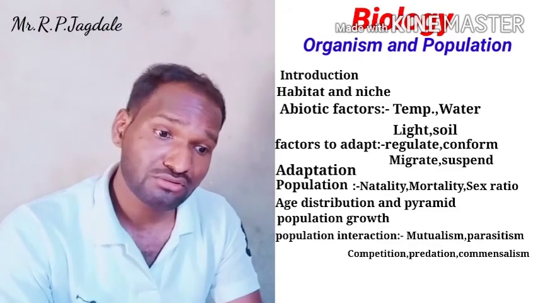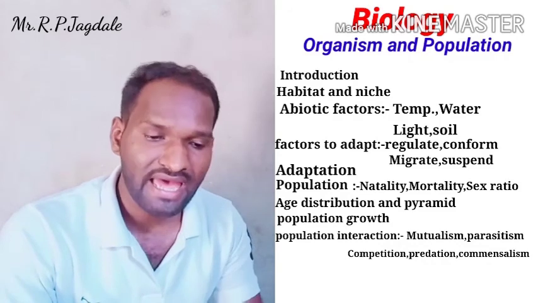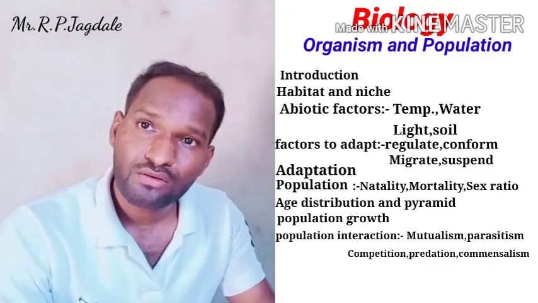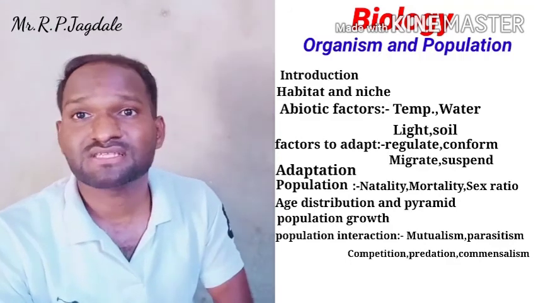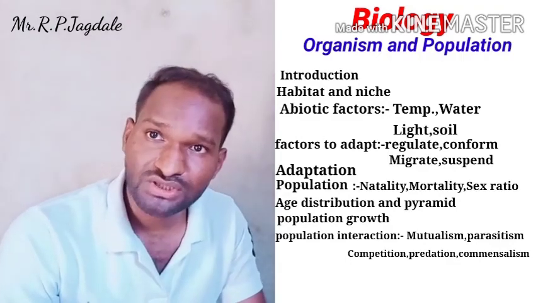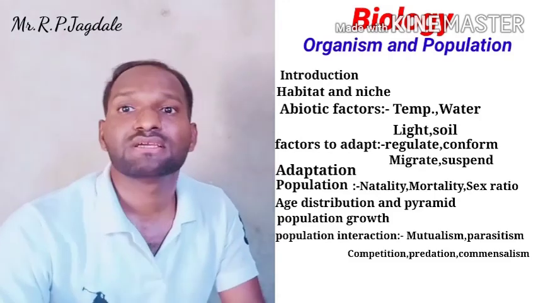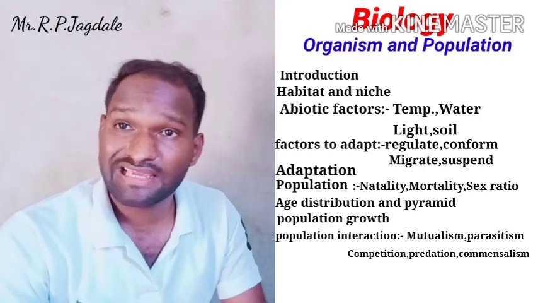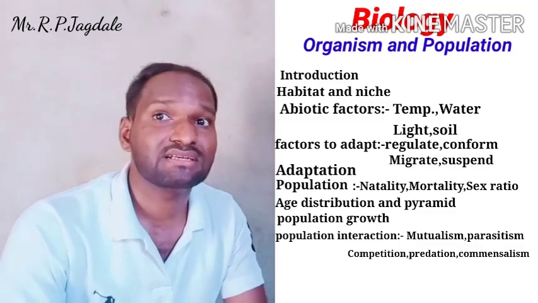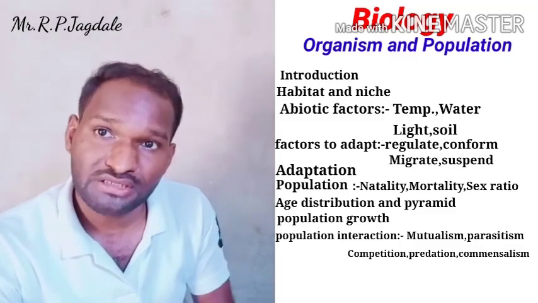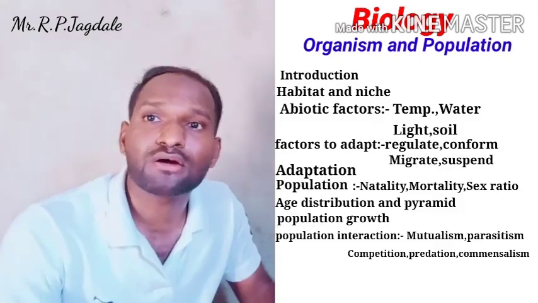We are going to see the interactions of animals with animals, organism with organism, which may be of the same species or different species. So within this chapter we are going to see all these points in a very clear manner, so you can understand. From each video lecture series we are going to cover each and every point of this unit.